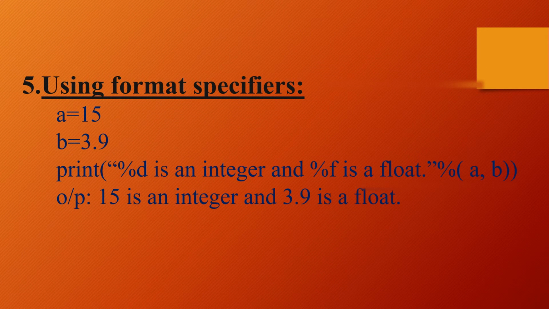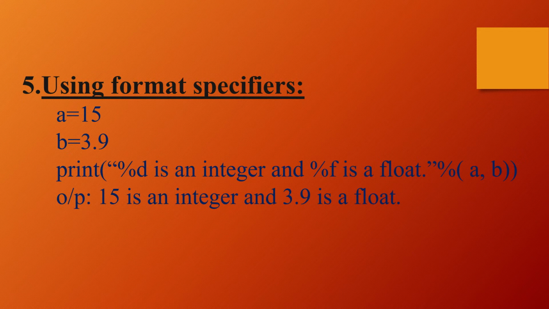Next, using format specifiers. For example, I will take a is equal to 15, b is equal to 3.9. In print function, in double quotes, %d is an integer, and %f is a float.